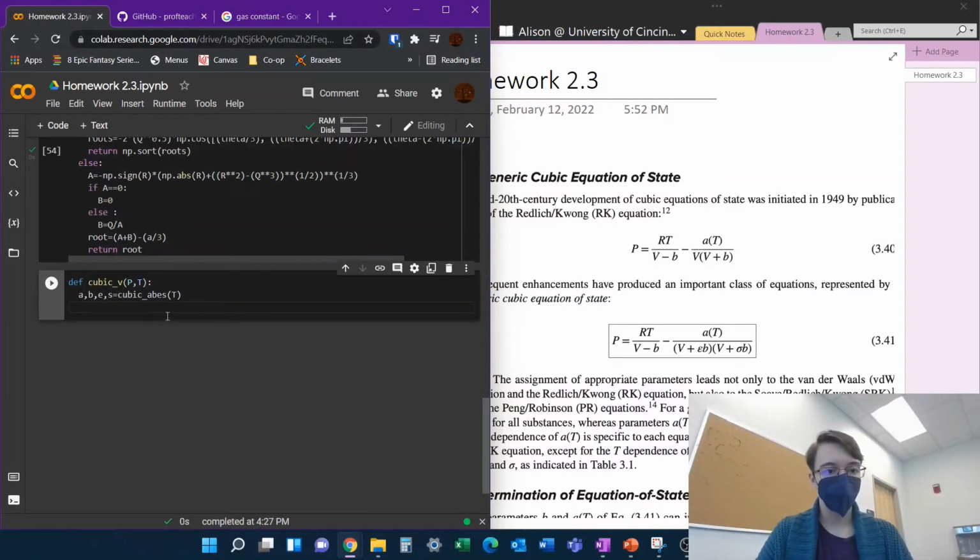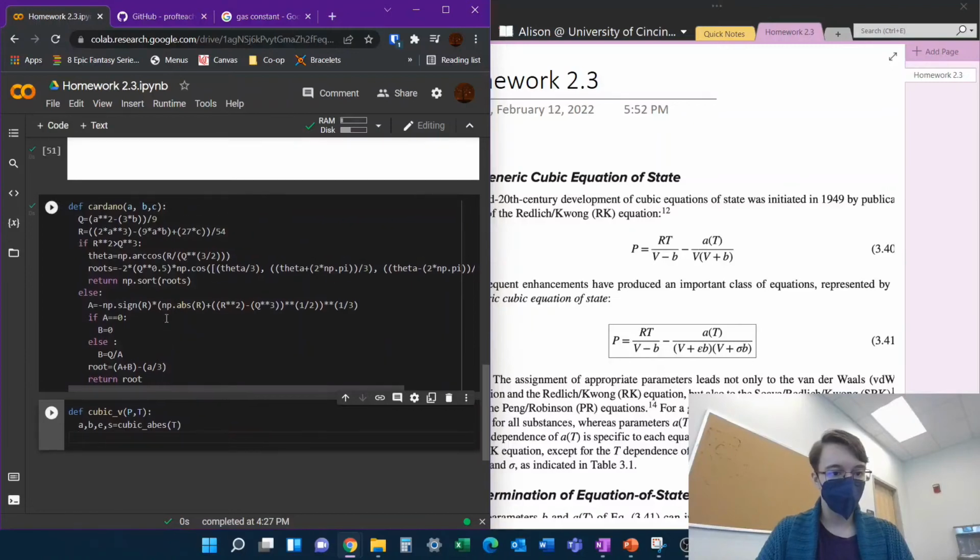And so next, we're going to want to use the Cardano's formula to find the roots.